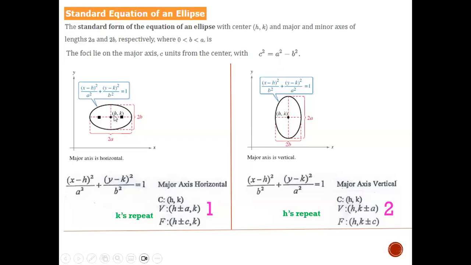So this formula, c squared equals a squared minus b squared, is going to help us with the values. So from the center to the foci is c. From the center to the vertex is a. And then opposite, perpendicular to that, from the center up, hitting that point on the ellipse is going to be my b value.